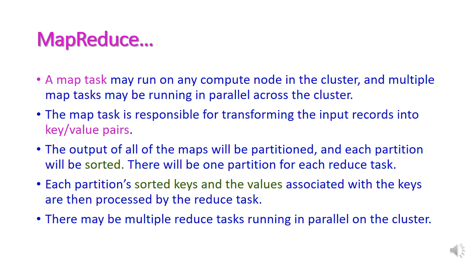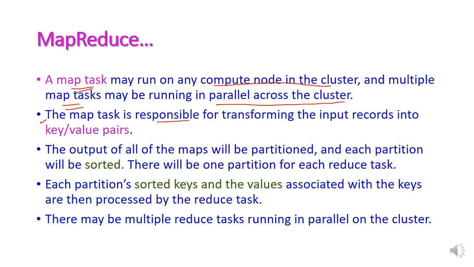A map task may run on any compute node in a cluster. In a cluster we are having many computing nodes, and a map task may run on any computing node, and multiple map tasks may be running in parallel across the cluster.